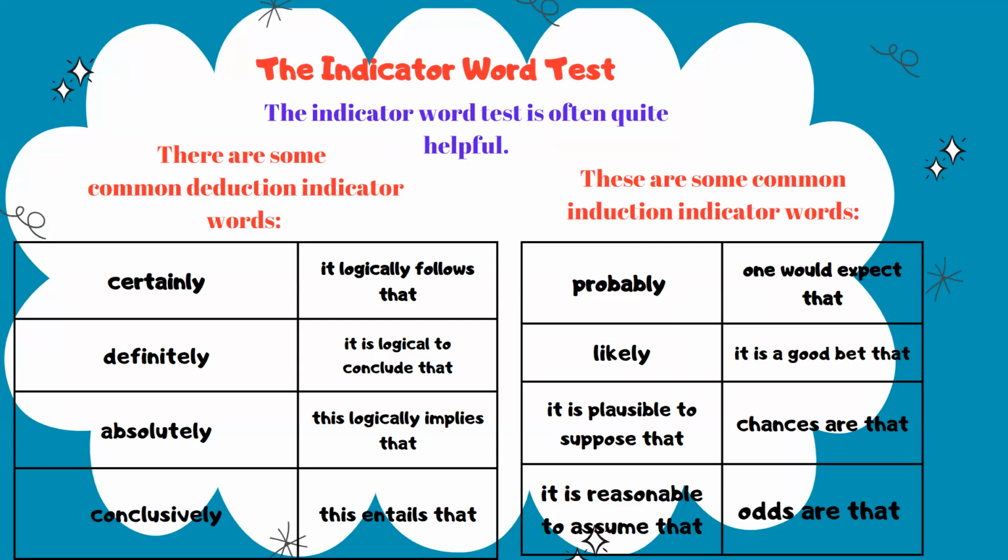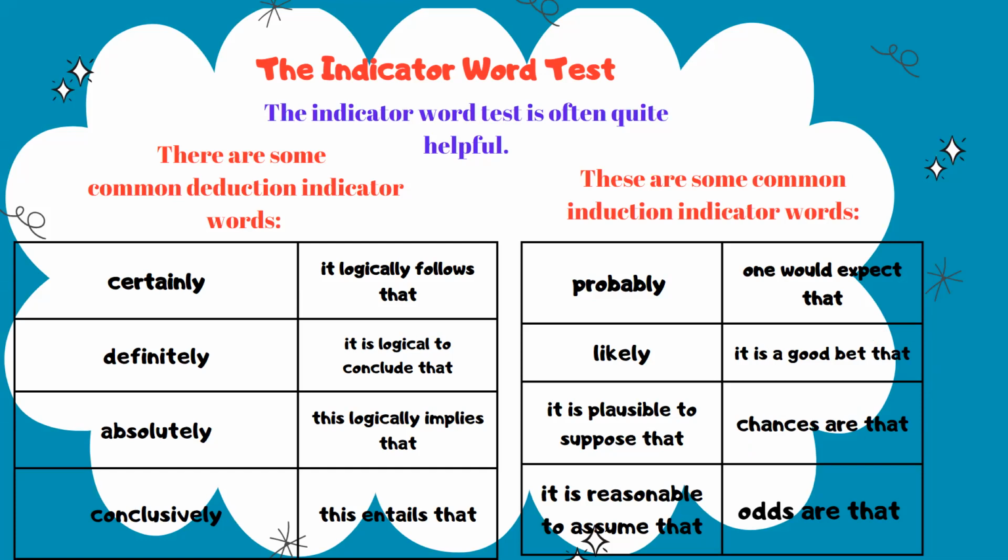Just as we use indicator words to signal the allegation of premises or conclusions, we also use these words to signal when our arguments or claims are deductive or inductive. And there are some common deduction indicator words. You can see certainly, definitely, absolutely, conclusively.